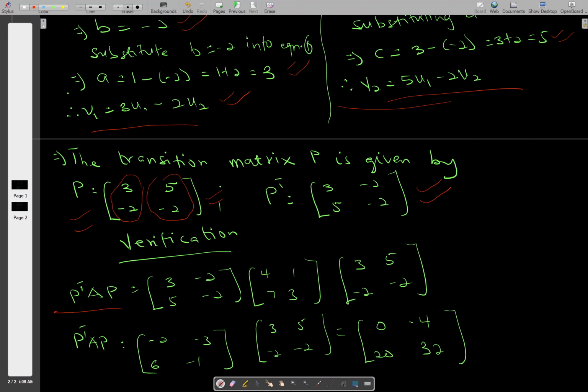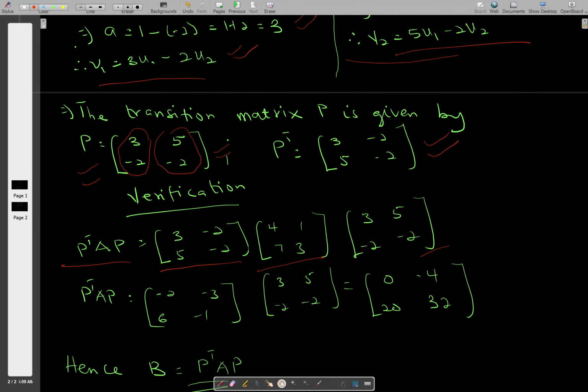So we have this P transpose, the transpose of the transition matrix. This is our A and this is our P. First of all, we multiply the first two matrices. That's row by column. You consider each row, then you multiply by each of the columns of the matrix A.